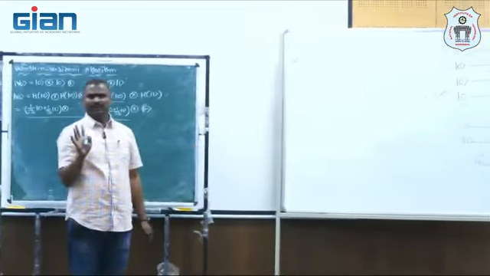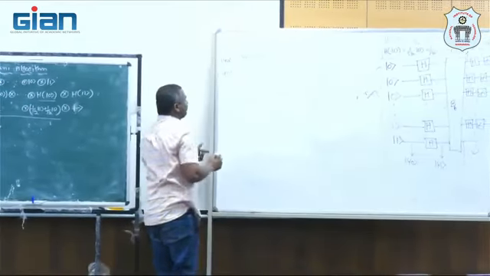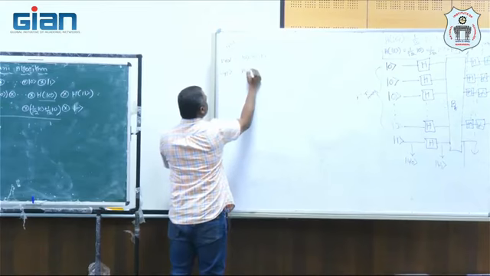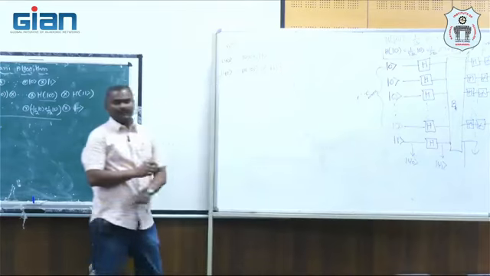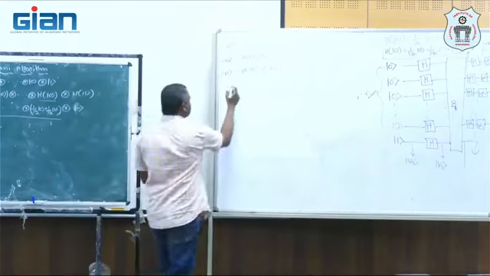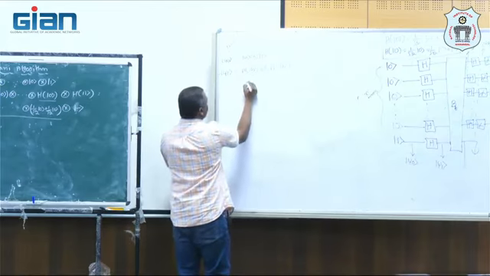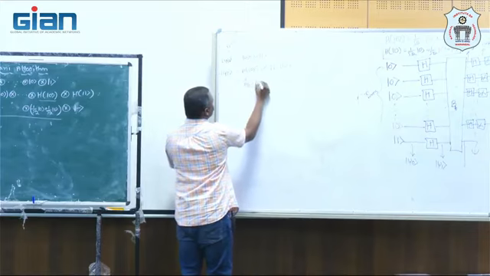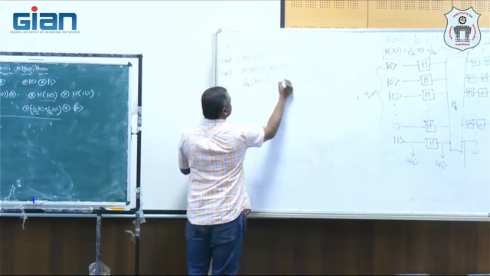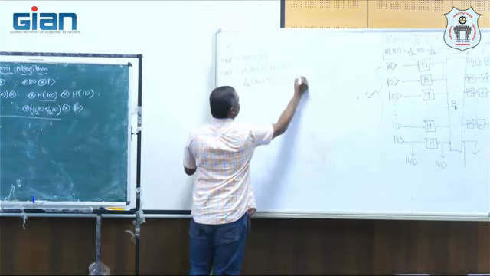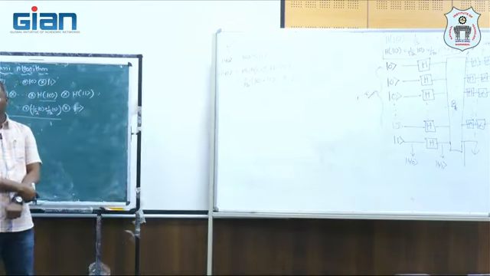Now, what is ket psi 1 when n equals 1? h of ket 0 tensor with h of ket 1. H of ket 0 is 1 by root 2 ket 0 plus ket 1, tensor with ket minus. Is that okay? Correct now?